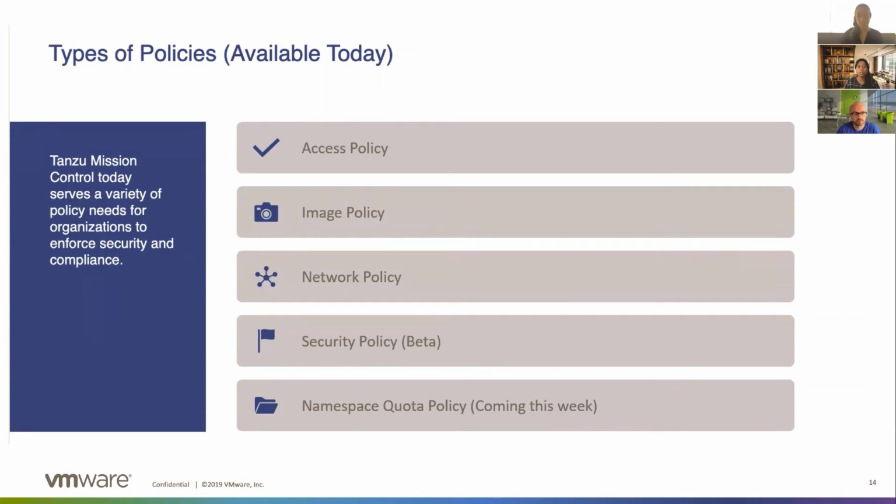So one thing that you can do with image policy is have a private registry like Harbor or Google private registry, and make sure that container images can only be pulled from those. That's really a huge advantage that we have there.